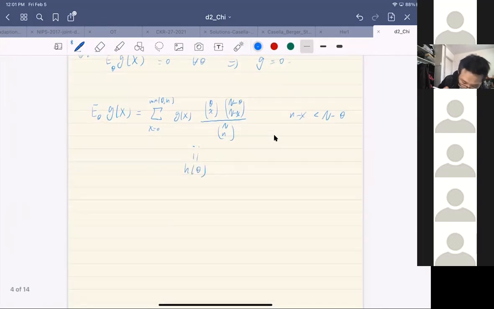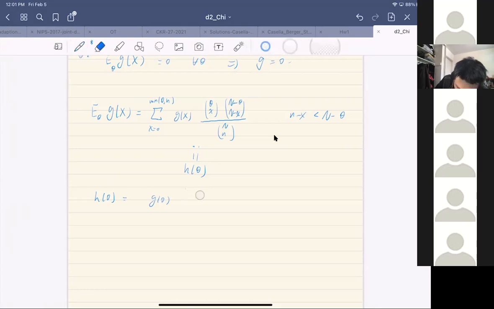So we can say the edge of n, which is equal to g of n and theta choose n. So theta is n, so n choose n and n choose n.